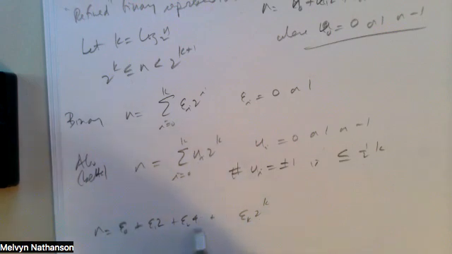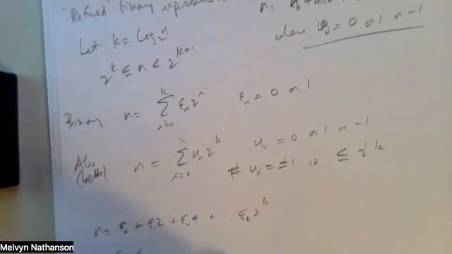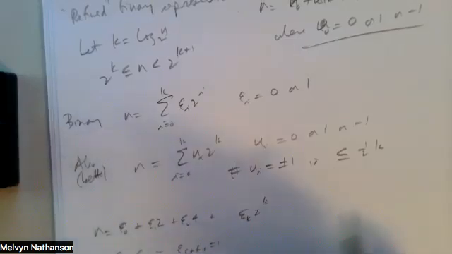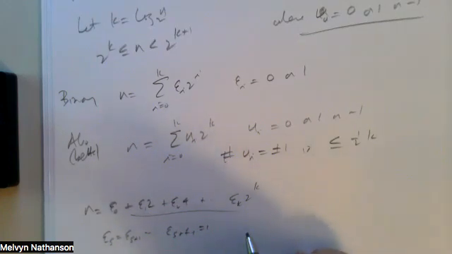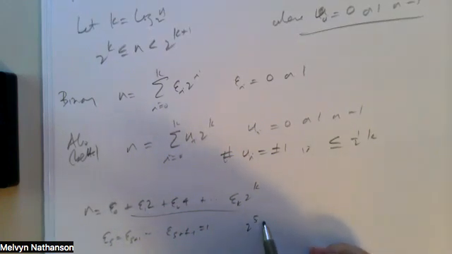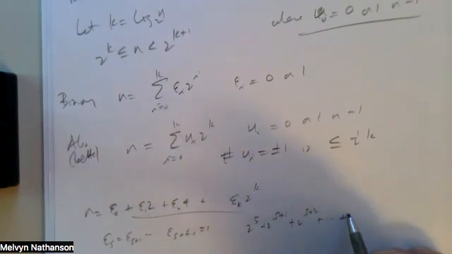And suppose a string of these are ones. Like suppose you have epsilon s plus 1 up to s plus t minus 1 all equal to 1. So in this representation, you have 2 to the s plus 2 to the s plus 1 plus 2 to the s plus 2, all these consecutive terms up to 2 to the s plus t minus 1.